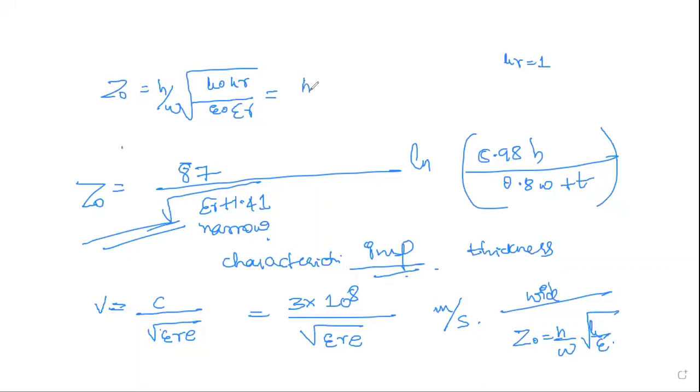So you will be left with h by w. This epsilon r will remain outside. You have square root of mu naught by epsilon naught. Simplify this. The value of mu naught is 4 pi into 10 power minus 7 divided by 8.854 into 10 power minus 12. Just check how much you are getting for the square root of this.